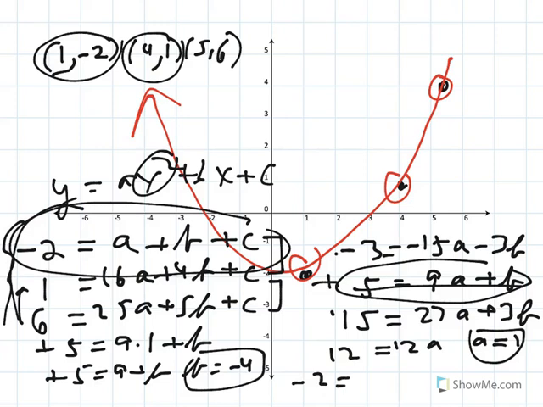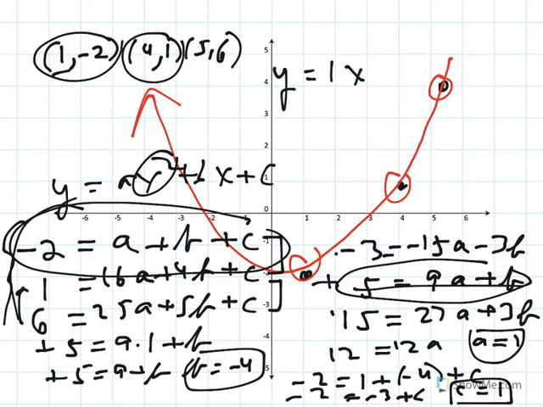Minus 2 equals a, which is 1, b, which is negative 4, c is unknown. This becomes negative 3 plus c, so c equals 1 also. And that makes the answer to the equation y equals 1x squared minus 4x plus 1. That's it for this lesson.